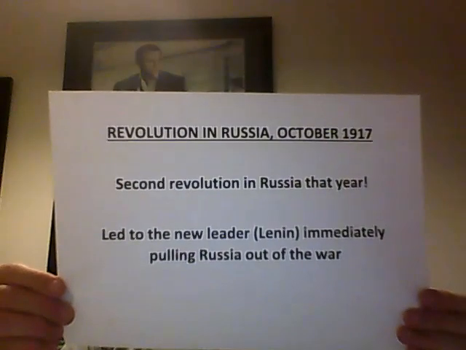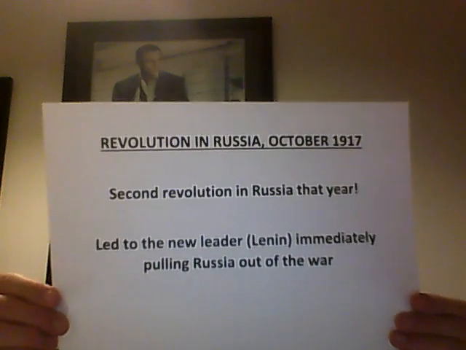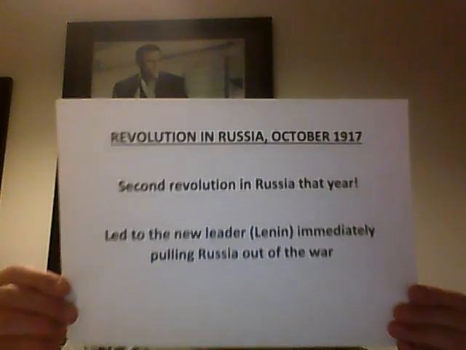Another thing that happens before the Ludendorff Offensive, so obviously we've got America now joining Britain and France, the Allies, in the war effort, is you get revolution in Russia, in October 1917. And this brings Russia out of the war.